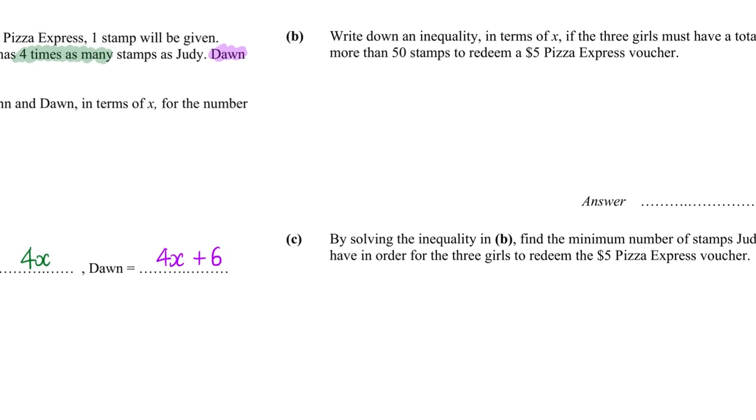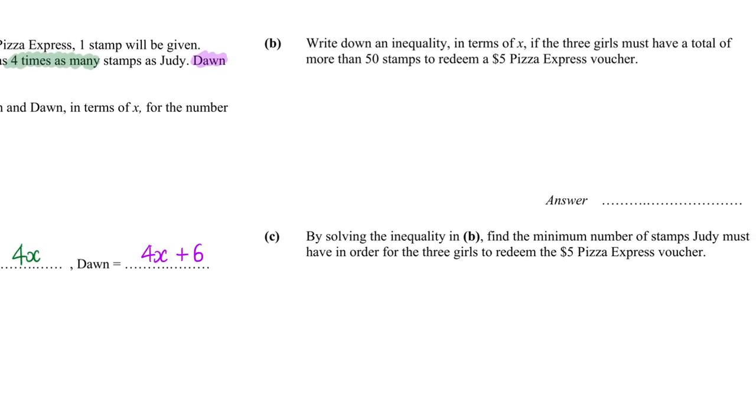Moving on to part B, they let us know that in terms of x, the 3 girls have more than 50 stamps. More than means this particular sign. In order to redeem a voucher of $5.